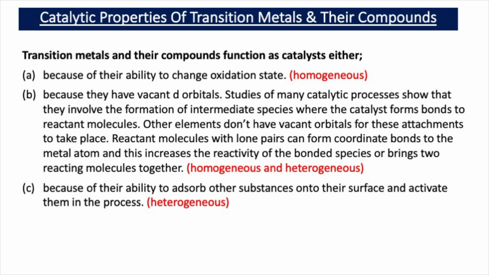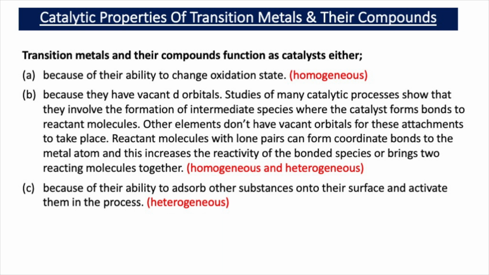Now that we've learnt a little about homogeneous and heterogeneous catalysts, we can look back at the reasons why transition metals and their compounds act as catalysts, and we can link these reasons to homogeneous and heterogeneous catalysts. So the ability to change oxidation state is really the reason why many homogeneous catalysts work, because many of these will act as oxidizing agents and reducing agents.